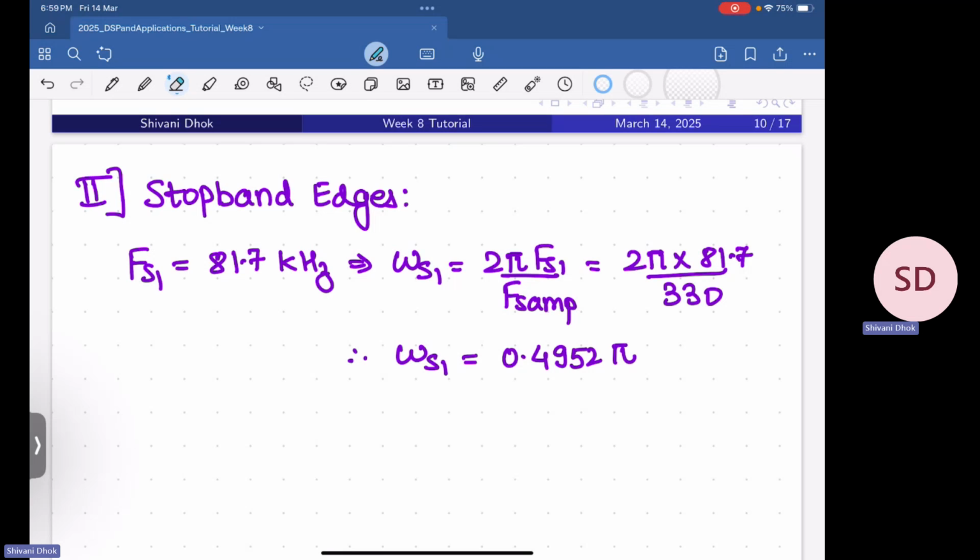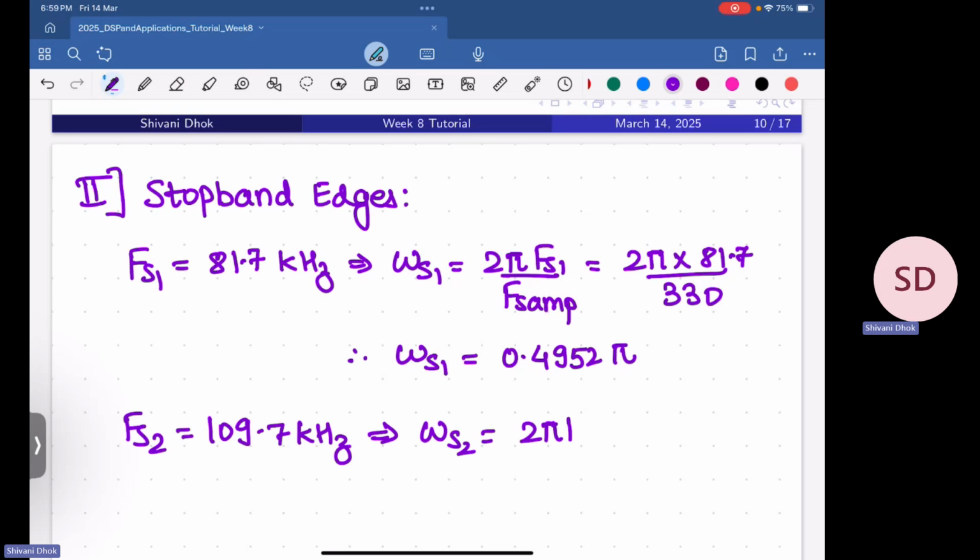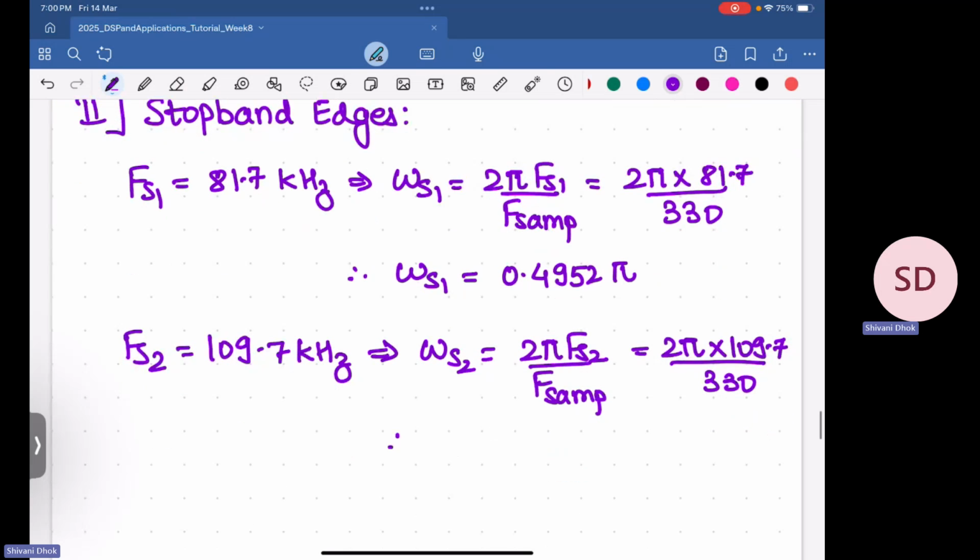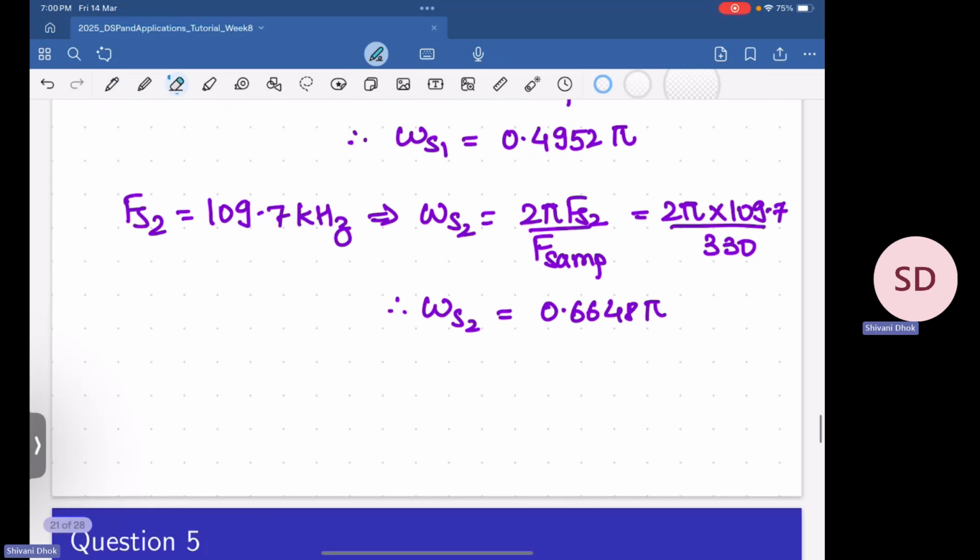And similarly, we have Fs2 as 109.7 kilohertz, which implies that omega S2 is equal to 2 pi Fs2 divided by F sampling frequency. So this comes out to be equal to 2 pi into 109.7 divided by 330. So therefore, omega S2 is equal to 0.6648 pi.